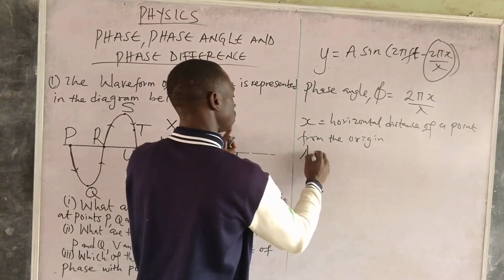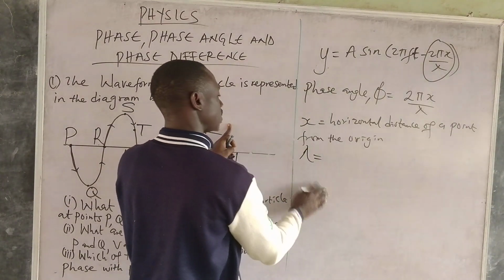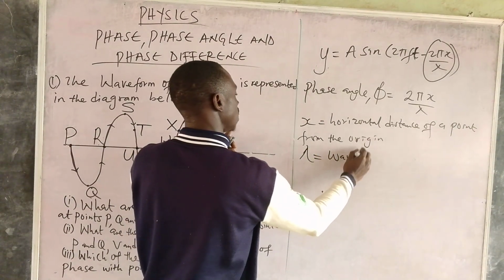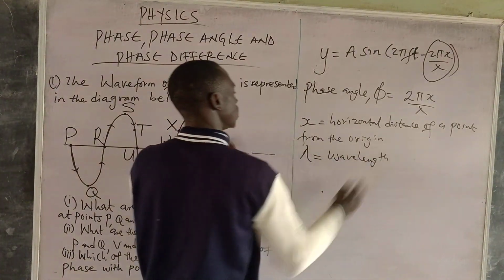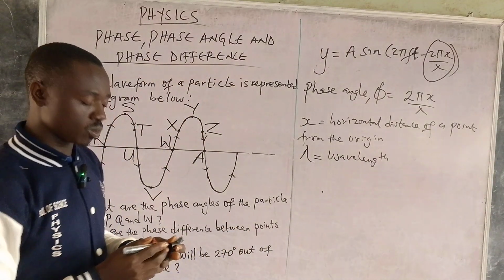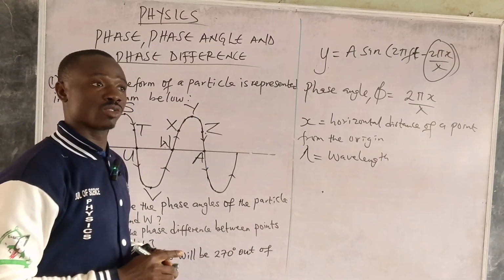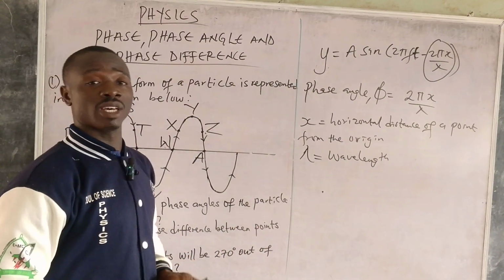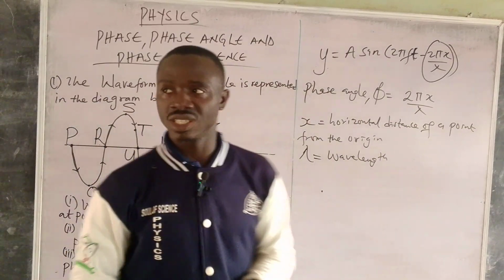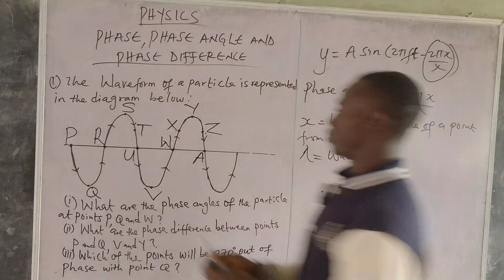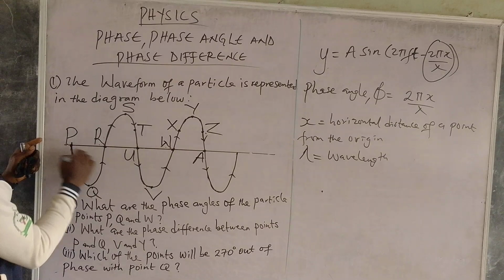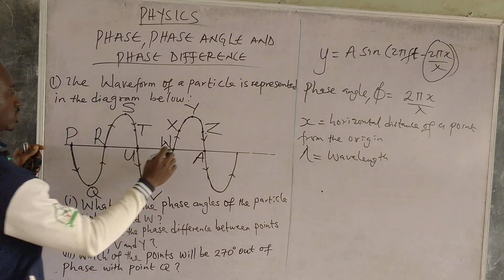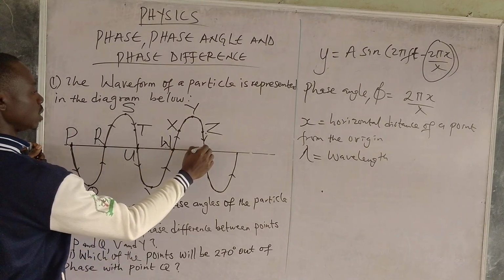While lambda, if you are familiar with waves, is the wavelength. The wavelength is the distance between two successive crests or two successive troughs. Wavelength can also be defined as the distance between 2 points that are in phase. For example, wavelength is the distance between P and U, or U and A.